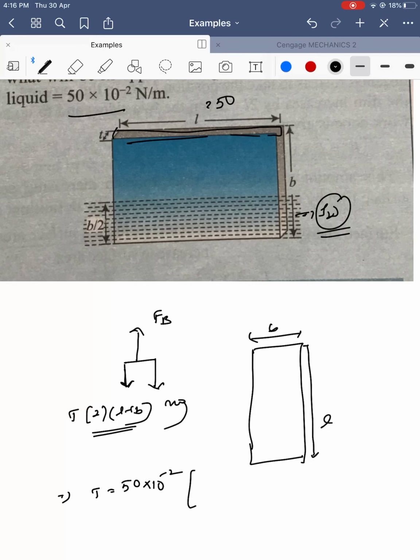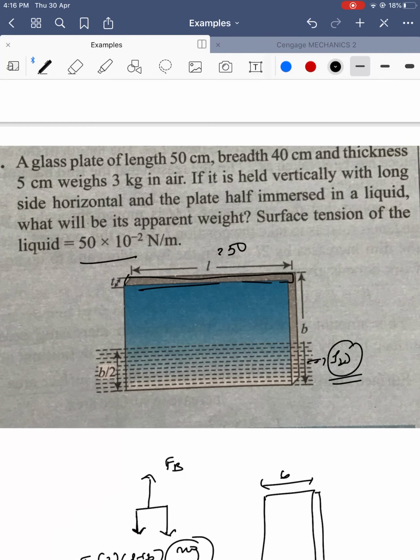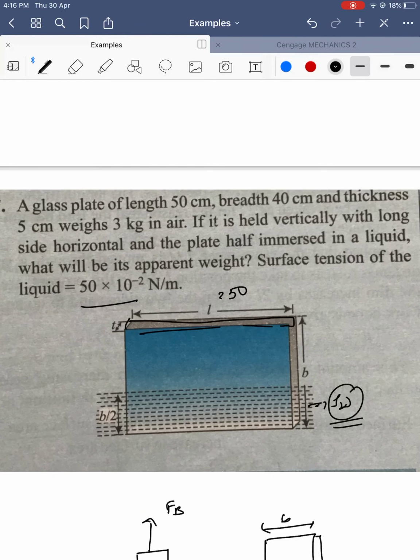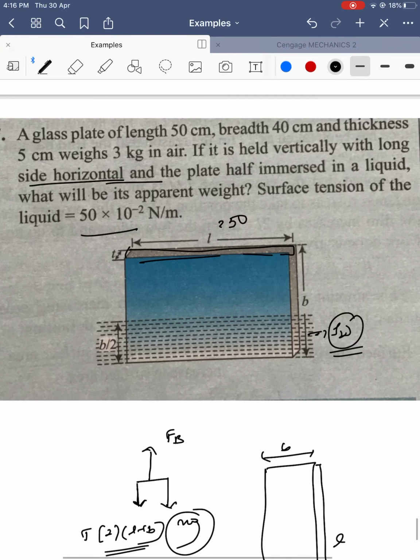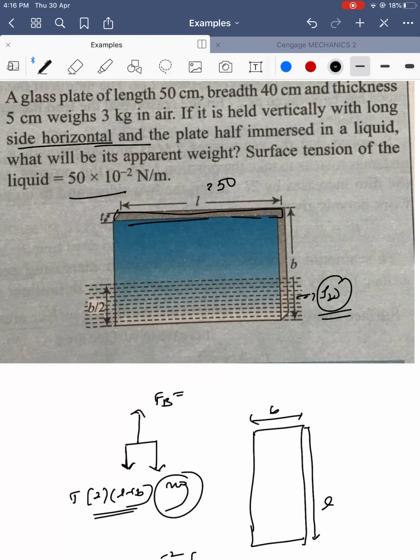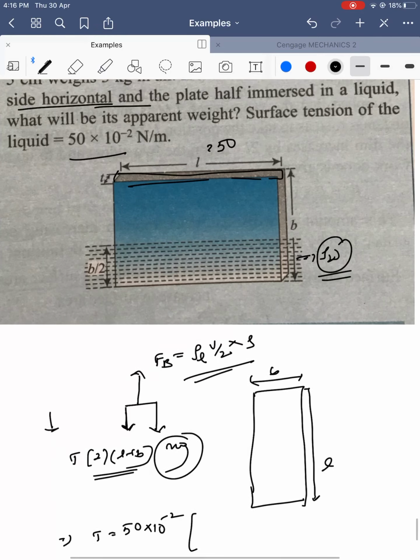Substitute the values of length, breadth, and mg. It's not completely submerged, understand? It is submerged half. If it is submerged half, buoyancy force is equal to density of liquid into volume submerged, V by 2, into g.